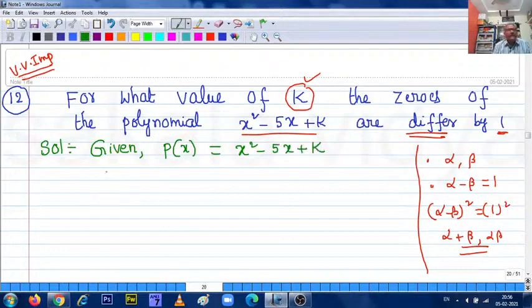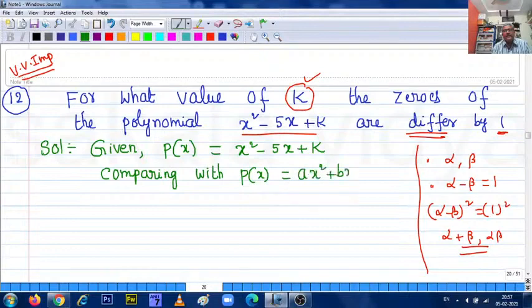Comparing with p of x equals ax square plus bx plus c, here a equals 1, b equals negative 5, c equals k.